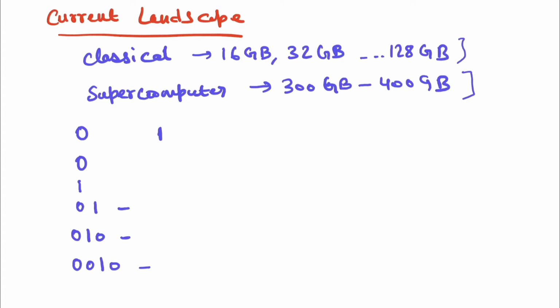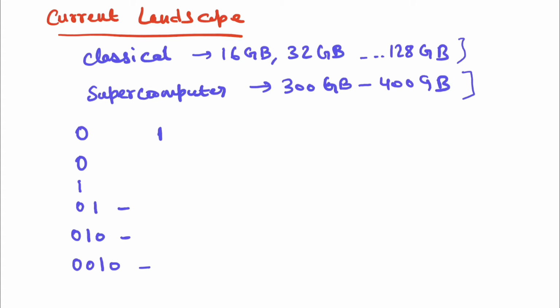So this is the information which your computer interprets and takes the action depending on what bits you are sending to your computer for processing. So this is how your classical or supercomputer behaves. It operates on this fundamental principle of bits.